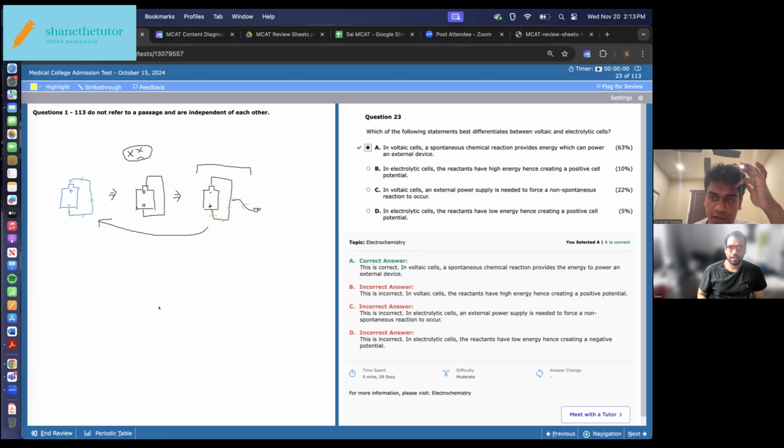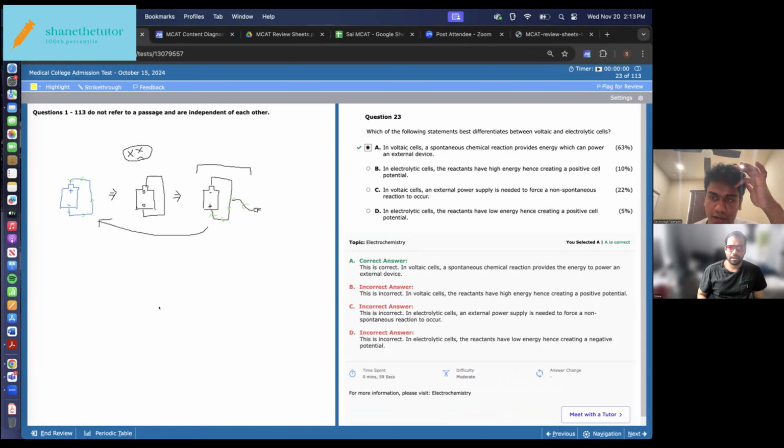So this should be a negative over here. The reduction potential of something will be equal to the negative of the oxidation potential. And your cell potential is the sum of the reduction potential and oxidation potential.